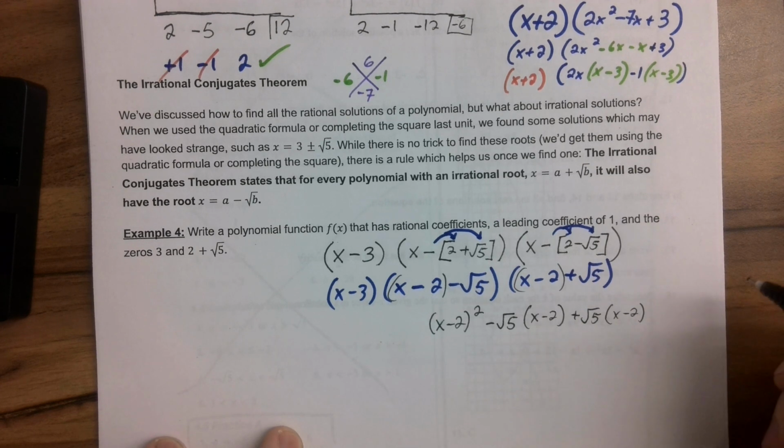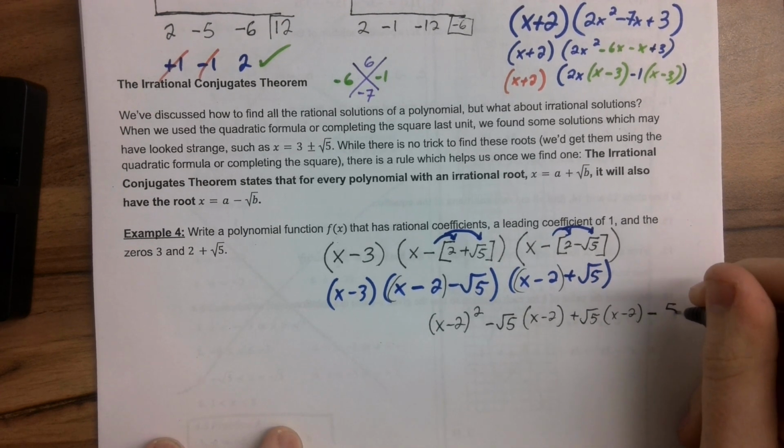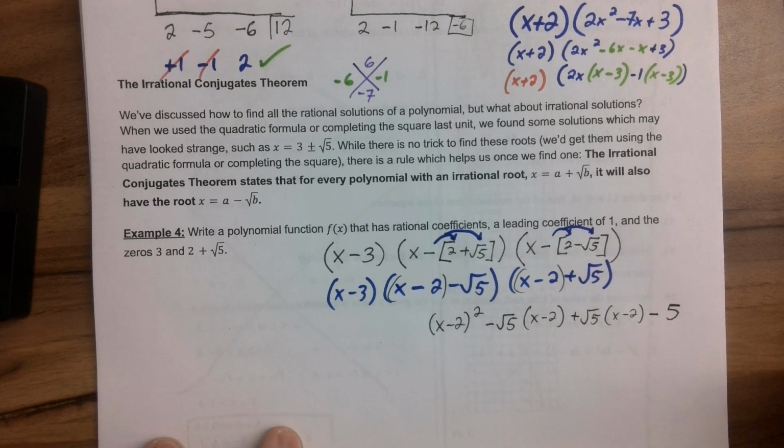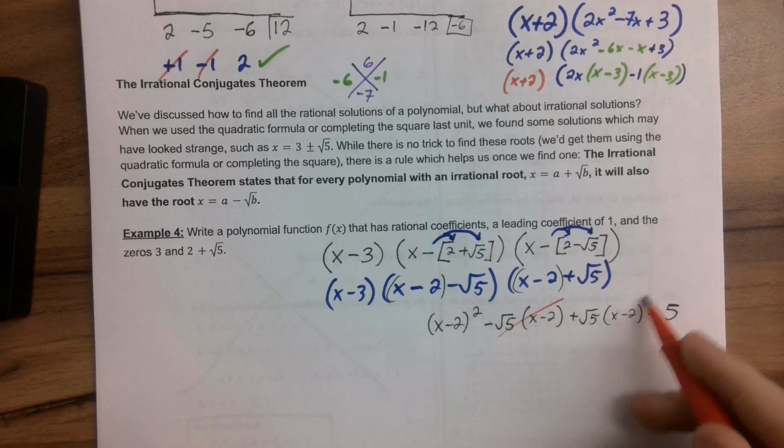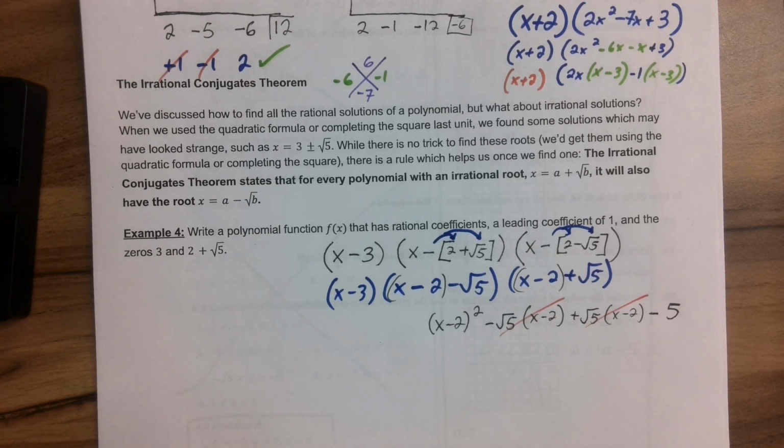Hang on a second. That's just minus 5. The other thing is negative square root of 5 times x minus 2 and positive square root of 5 times x minus 2 cancel out. They're opposites, so when you add them together, they make 0.